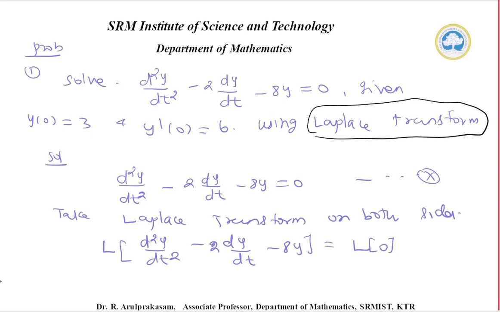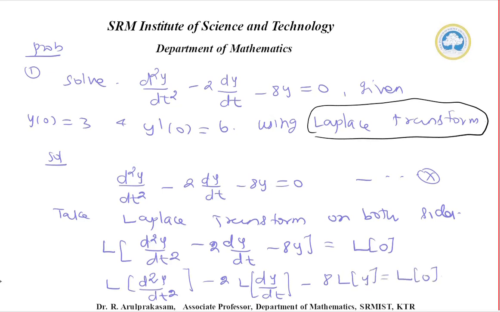By the Laplace transform linearity property, I can apply it: L of d square y divided by dt square minus 2 times L of dy divided by dt minus 8 times L of y is equal to L of 0. Then what should I do? I can apply the Laplace transform of derivative formula.